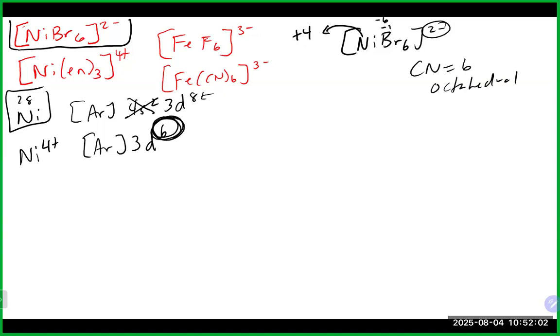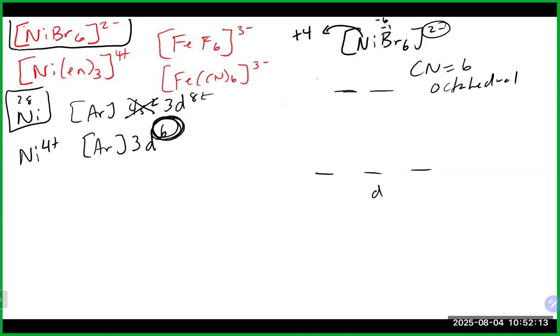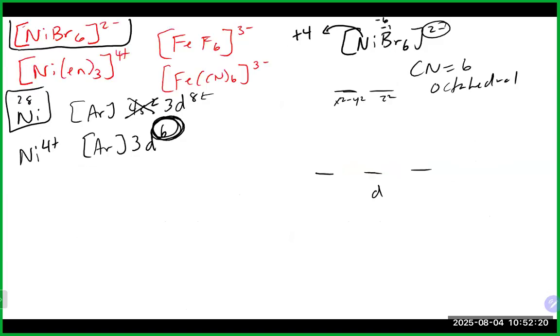And what that tells us is we are going to get the d orbital splitting like we just saw, with our squared orbitals up on top, x squared minus y squared up there, and z squared over here up on top, and obviously our non-squared orbitals on the bottom.